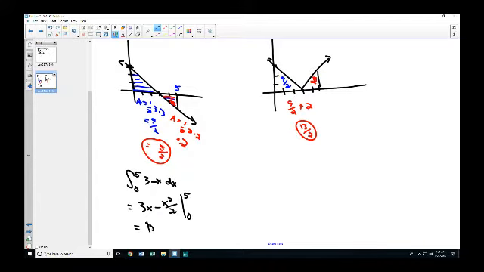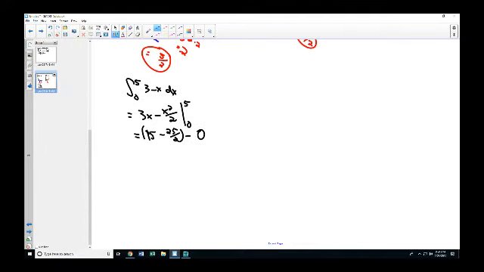So 15 minus 25 over 2, minus, what does the 0 give you? 5 over 2. Is that right? Yes, sir. Hey, look, our answers agree about that.